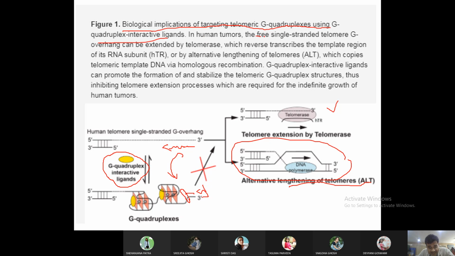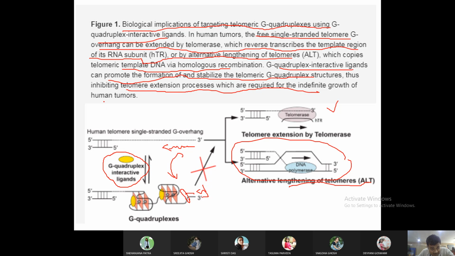In human tumors, the free single-stranded telomeric G overhang can be extended by telomerase, which reverse transcribes the template region of its RNA subunit, or by alternative lengthening of telomeres, which copies the telomeric DNA by homologous recombination. G quadruplex interacting ligand can promote the formation and stabilize the G quadruplex structure, thus inhibiting the telomerase extension process, which is required for infinite growth of the human tumor.